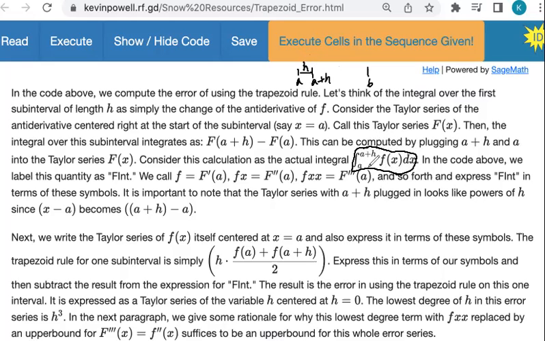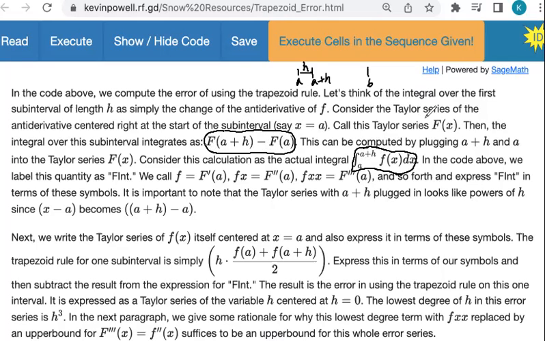We're going to think about this actual integral in terms of a Taylor series, in terms of the Taylor series of the antiderivative of f, which is capital F. Now, what is this? This is actually equal to this, right? If you take an antiderivative of little f, you get big F, and you plug in a plus h, and then you plug in a and you subtract. So that's what that's equal to.